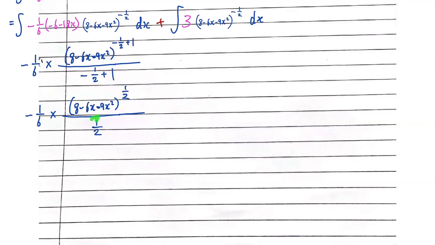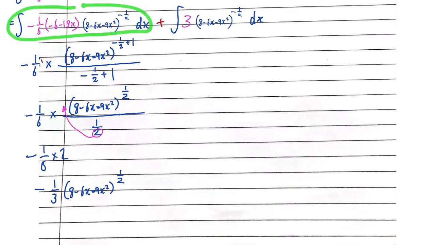Dividing by a half is the same as multiplying by 2. So I just bring it up on top. So I have a -1/6 times 2, which will give me 2/6, which is 1/3. -1/3 multiplied by the expression to the power of half. Is that okay? Okay, good.